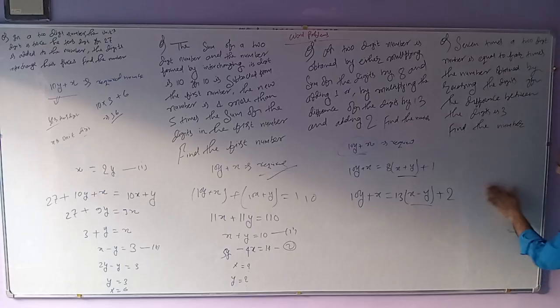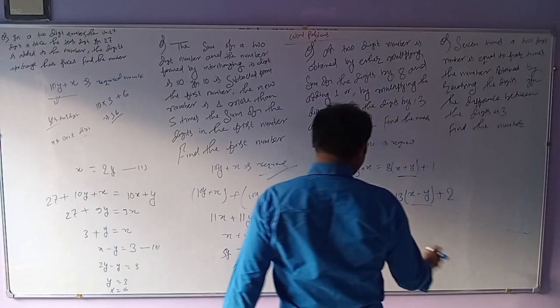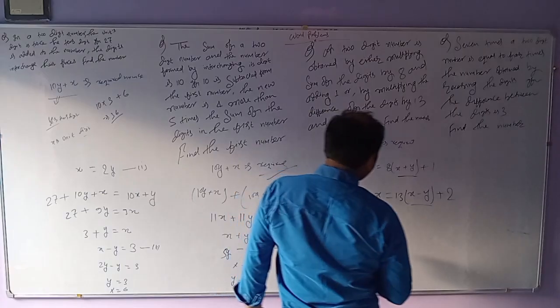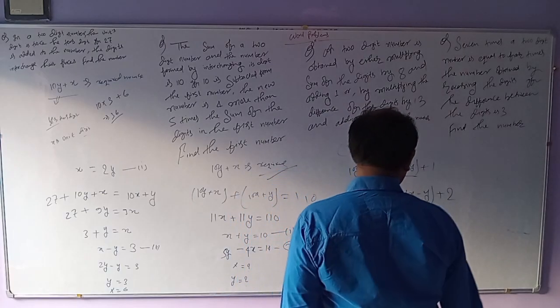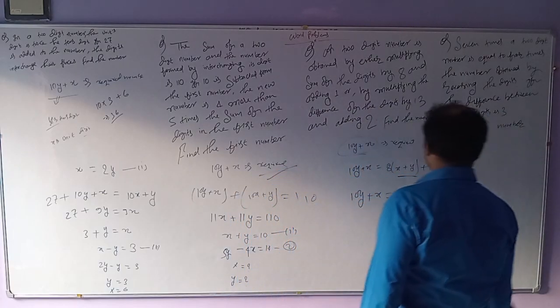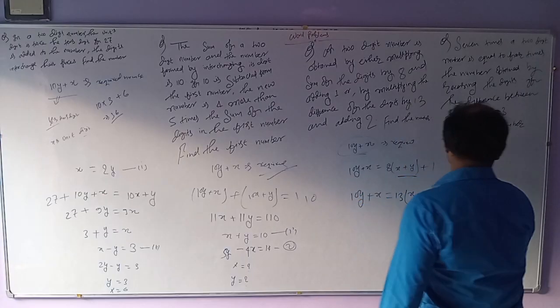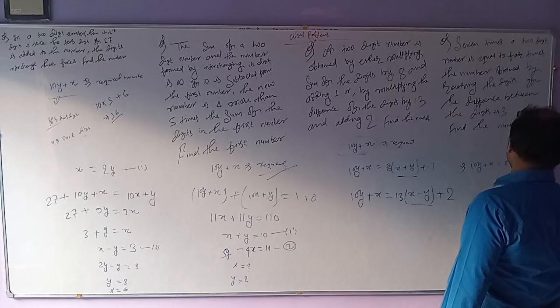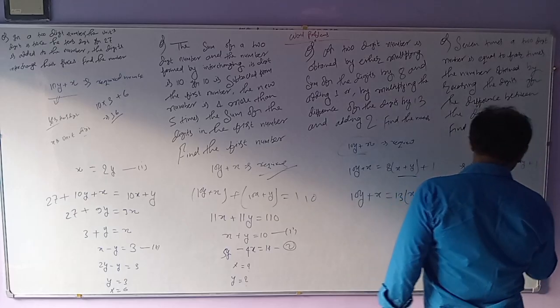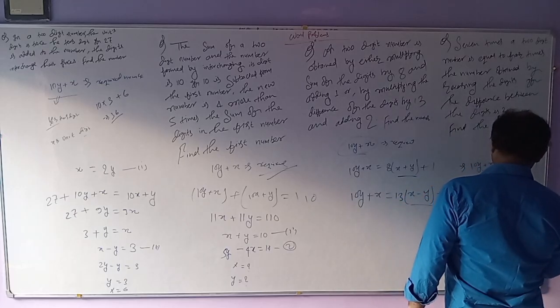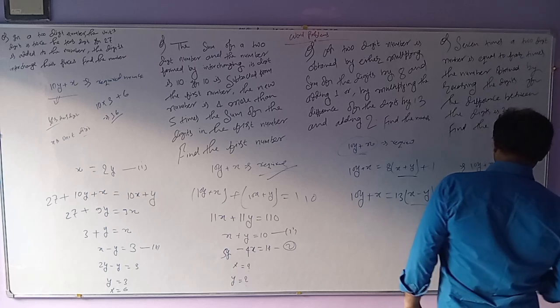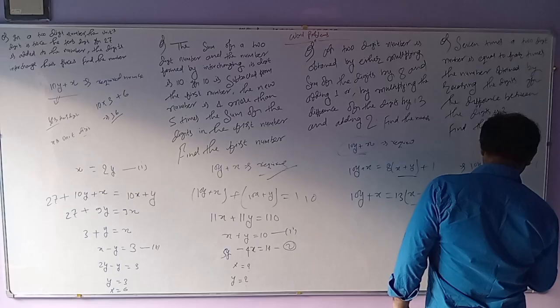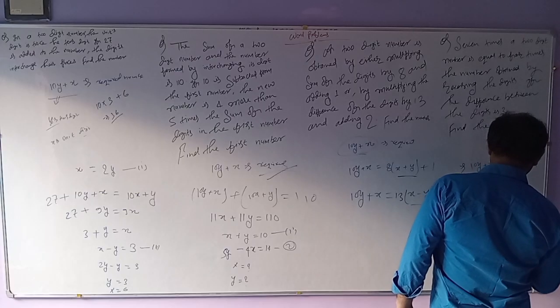So continuing the question, when we solve this equation, we get 10y plus x is equal to 8x plus 8y plus 1. When we solve this, 2y plus 7x plus 1, we get 2y minus 7x is equal to 1.